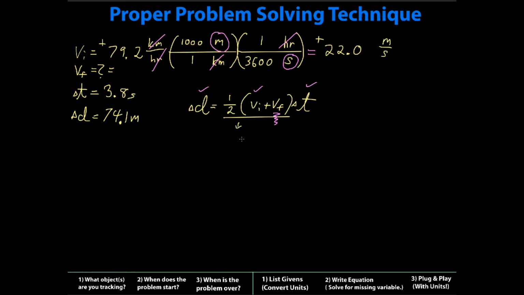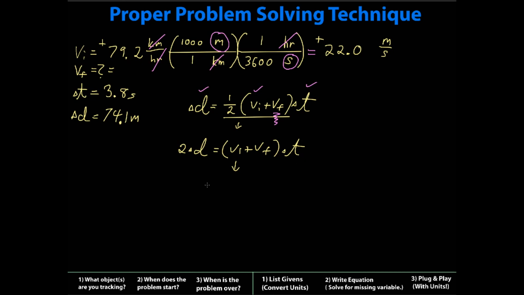So we're going to do a little algebra here. First thing I'm going to do, and actually this is a good general rule, get rid of any denominators. I have a half right here, so I'm going to get rid of that too. I'm going to multiply 2 on both sides. That would get me 2 delta D equals (VI plus VF) times time. I'm after VF, and a good general rule is to get rid of anything near it. Next thing I want to get rid of is this delta T on the side.